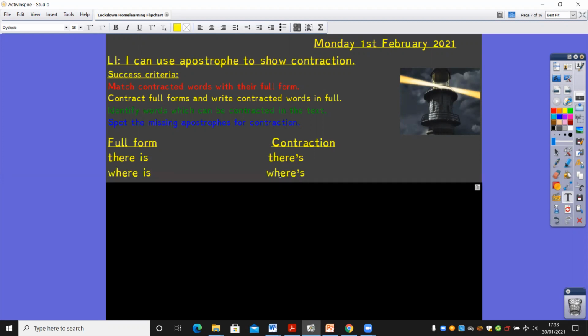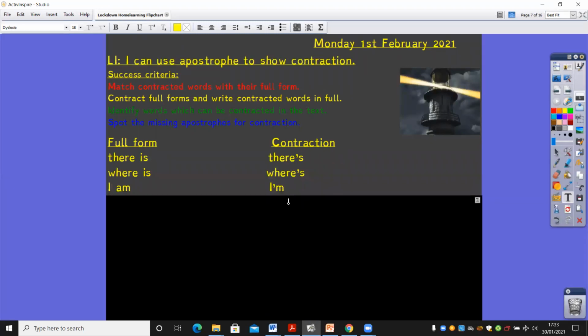The same happens in where is. Again, we have two words, where is, and the letter I gets squashed out, and instead of the letter I, we have an apostrophe. So instead of where is, we have the contracted form where's. In I am, it's slightly different because which letter got squashed out, children?